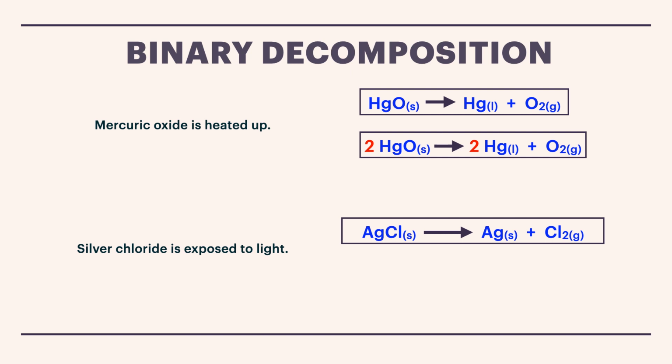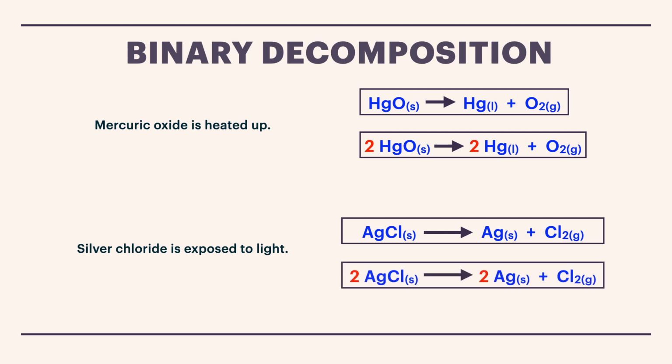There is the correct skeleton equation. It's not balanced. I go in and balance it, and it looks like this. So binary decomposition, that's pretty straightforward, pretty easy. Again, as long as you remember how to write correct formulas for ionic compounds, and that you remember which elements are diatomic, you should have no trouble writing balanced equations for the decomposition of binary compounds.